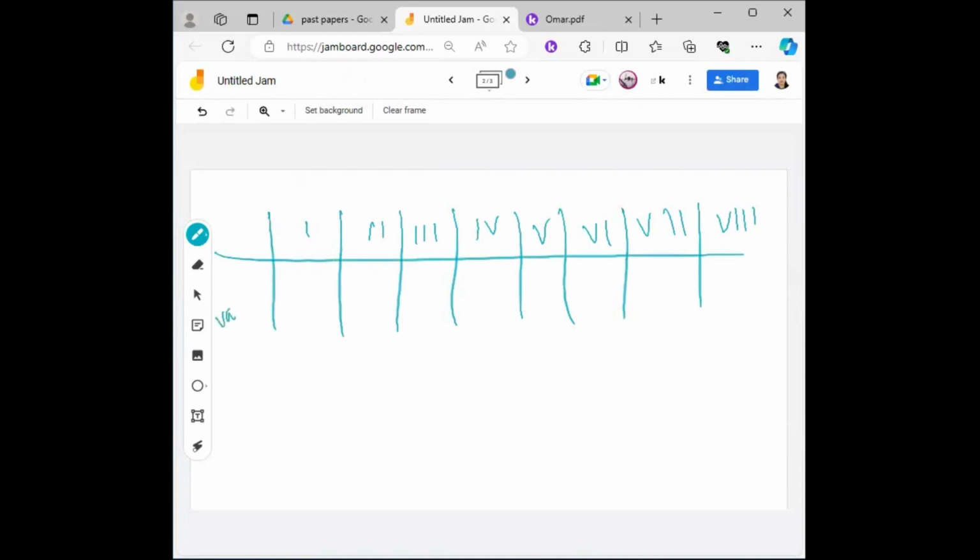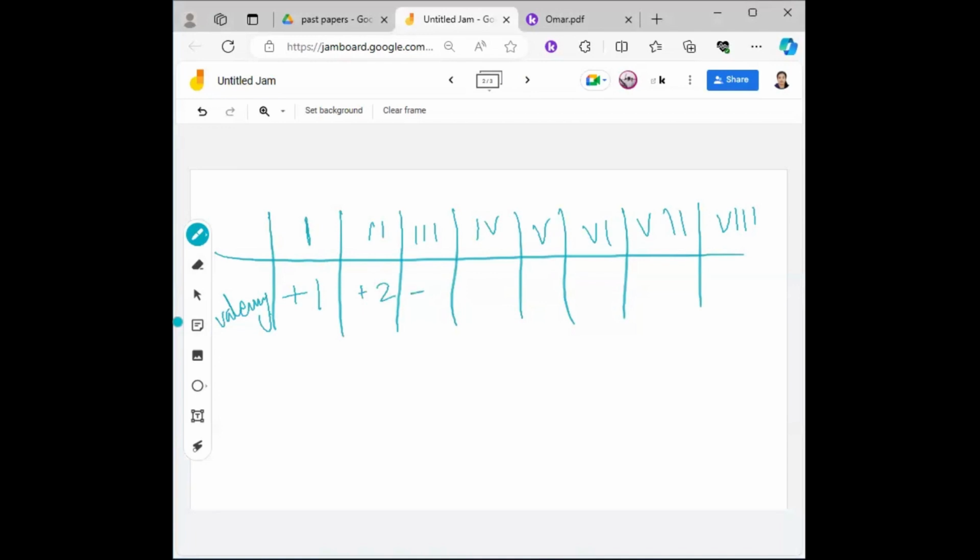Let's talk about valency of each one of them, please. What is valency of group 1? Positive 1. What is valency for group 2? Positive 2. For group 3?